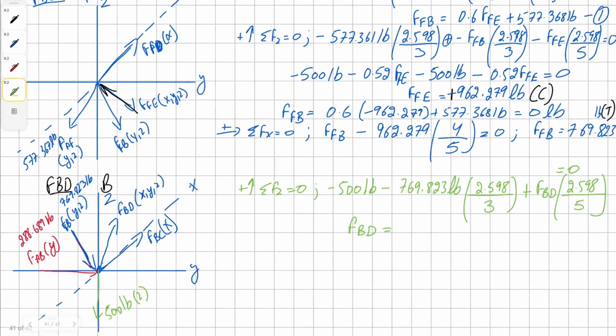Pardon me, I made a mistake here, which I just realized after. At joint F, where I said force FB, it's actually force BD, and we already had the force FB, which was 0.